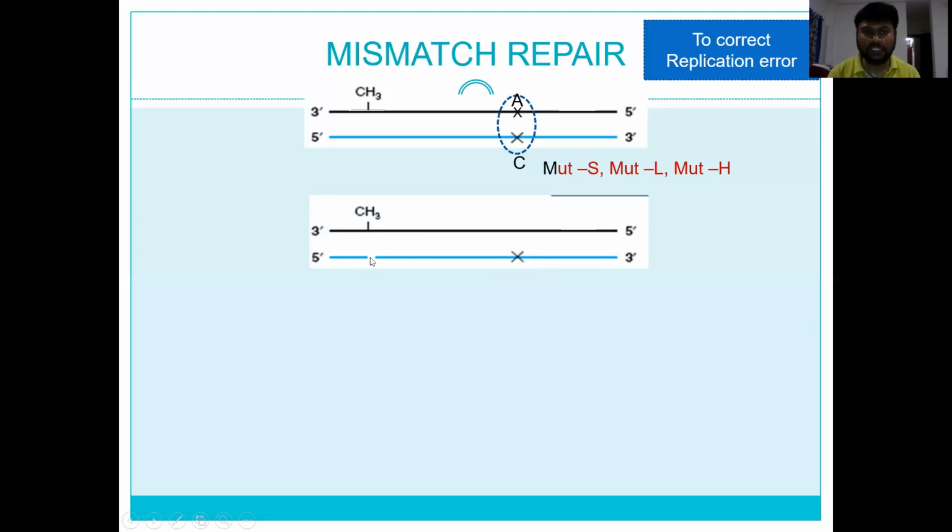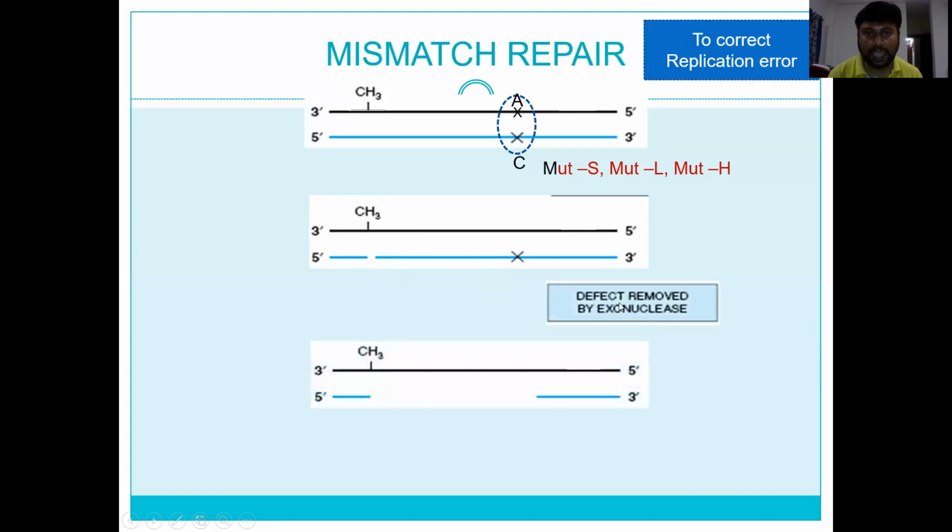After distinguishing the old strand and the new strand, the MUT-H protein will make a small nick in the new strand. From the open end of the nick, the nucleotides will be removed one by one by an enzyme called exonuclease till the error base, creating a gap.